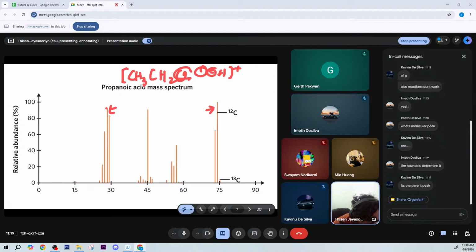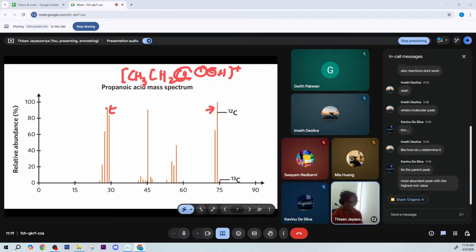Like, wait, how do you determine it? What do you mean, how do you determine it? What's the molecular ion peak? Oh, the molecular ion peak is the highest one, yeah? So it's the one with the highest mass to charge ratio, yeah?